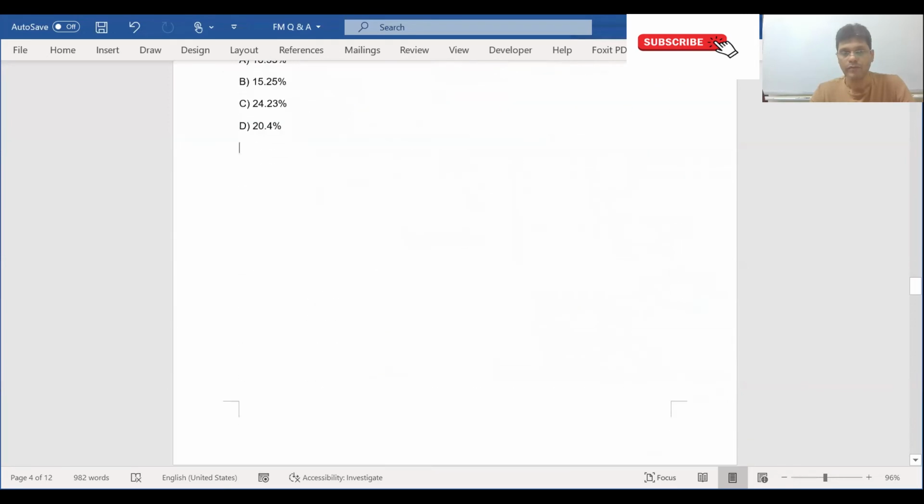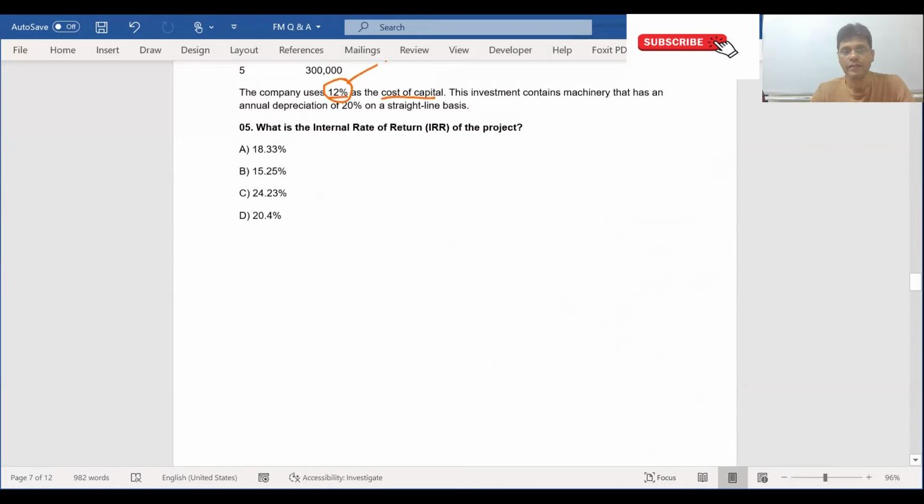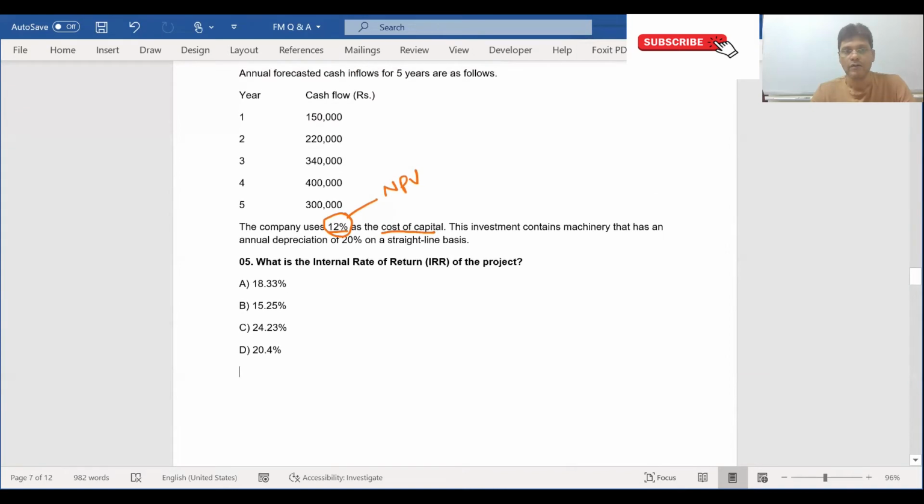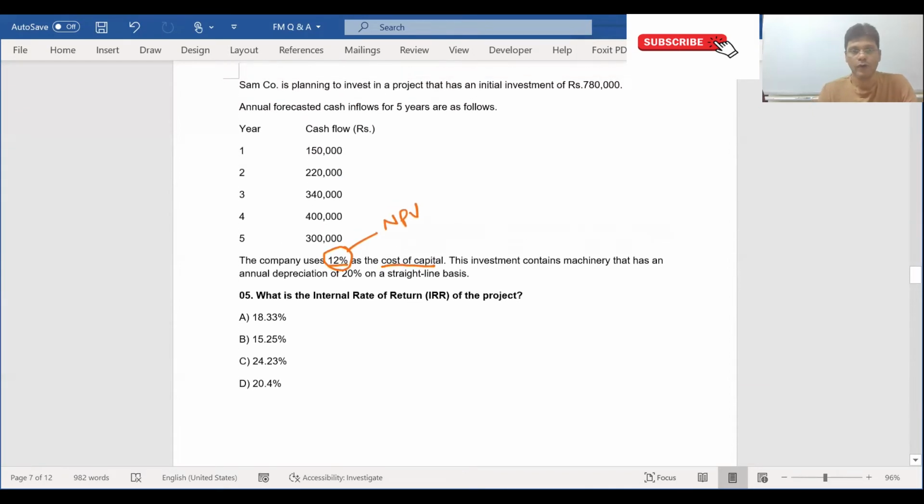discount the cash flows. Okay, now first of all, we will take the cash flows from year 0 onwards. Year 0 we have a 780,000 cash outflow. This was our initial investment in the project, 780,000.